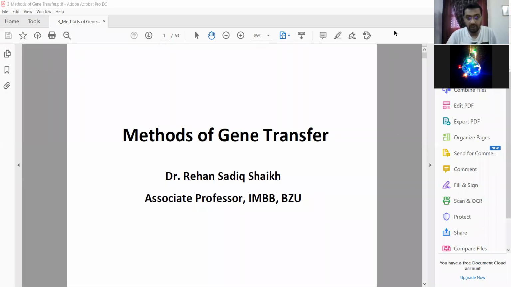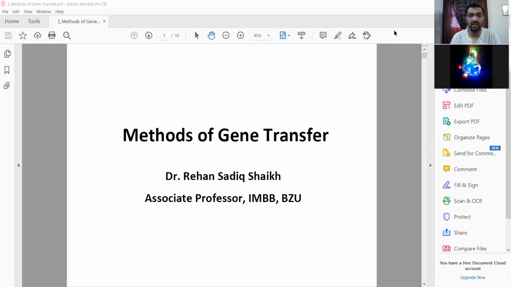Dear students, today we will be discussing methods of gene transfer, in continuation with yesterday's lecture about cloning and recombinant DNA technology. Once you have made the recombinant plasmids, the next target is to transfer those recombinant plasmids back into biological systems or cells, which could be bacteria, yeast, fungi, or human or animal cells, for their expression.